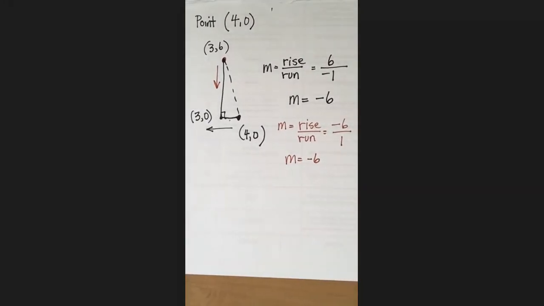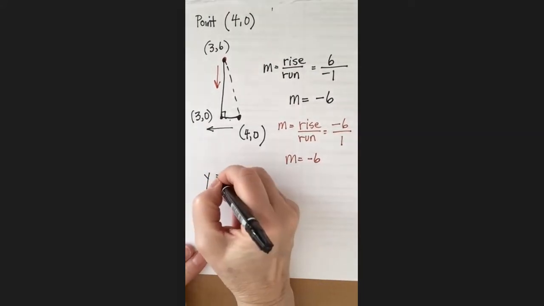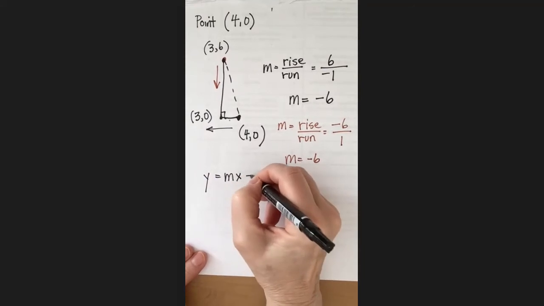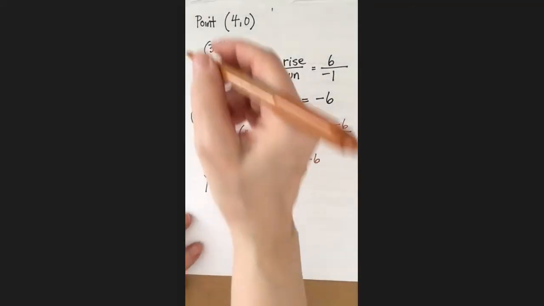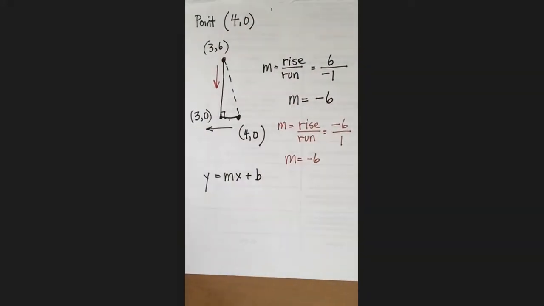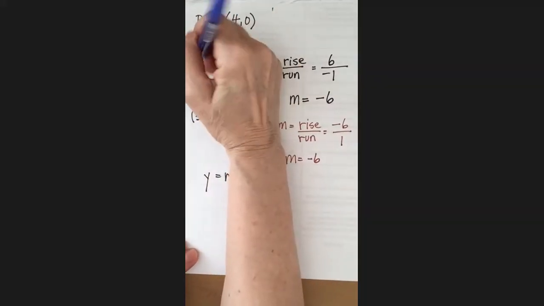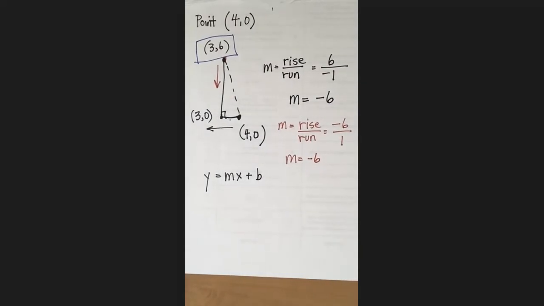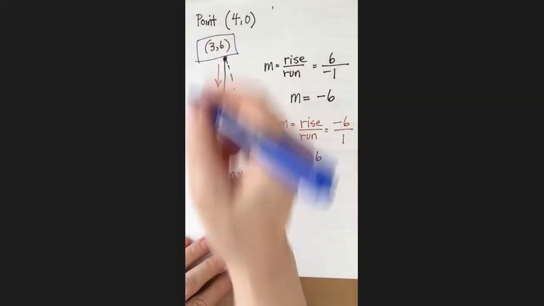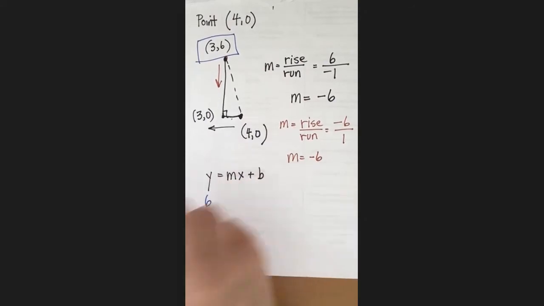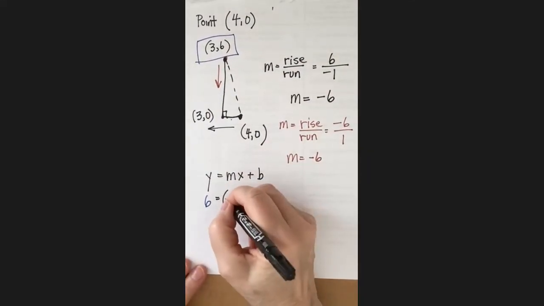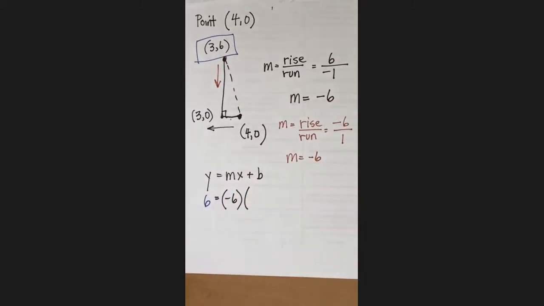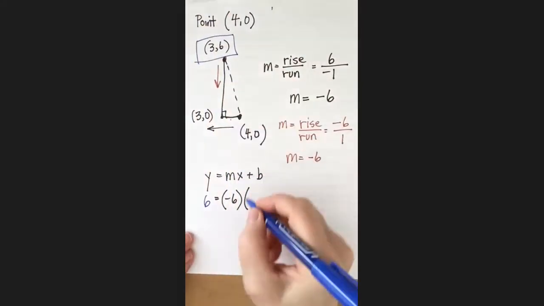So now we are good to go because we're going to substitute into y equals mx plus b. I'm going to be kind of fancy here and use this point to do our calculation. So y is going to be equal to 6, and we know that the slope is -6, and x in this point is 3.